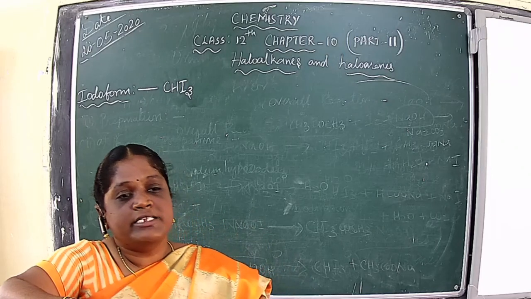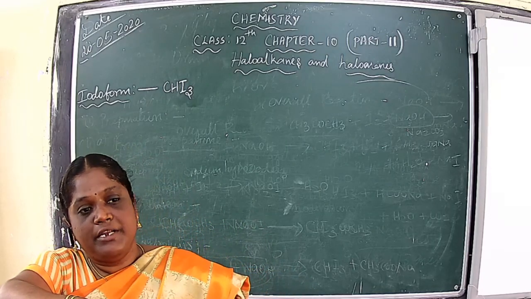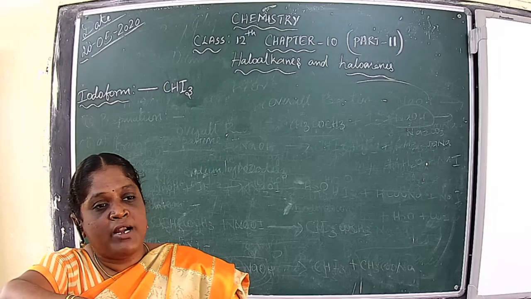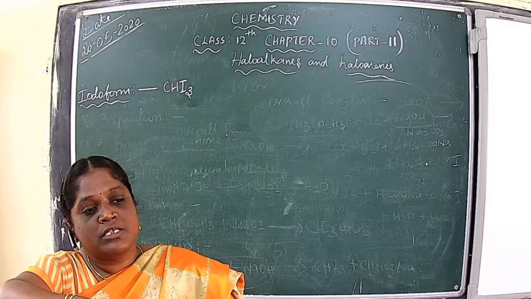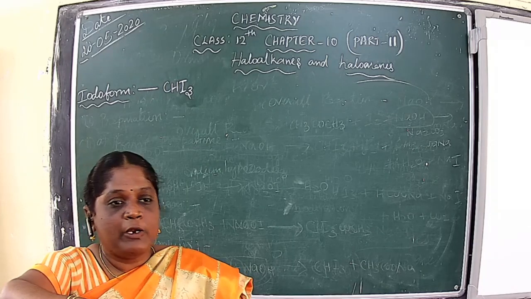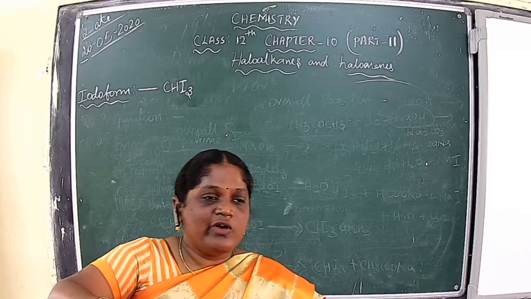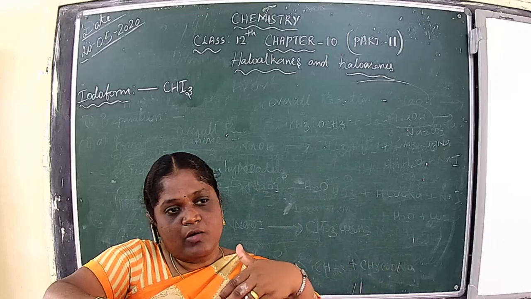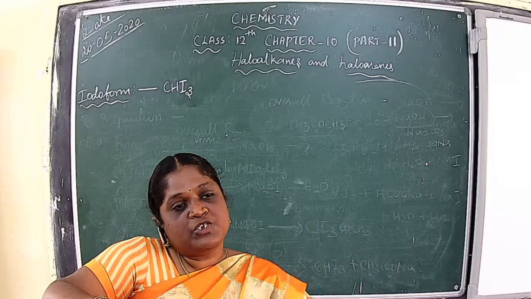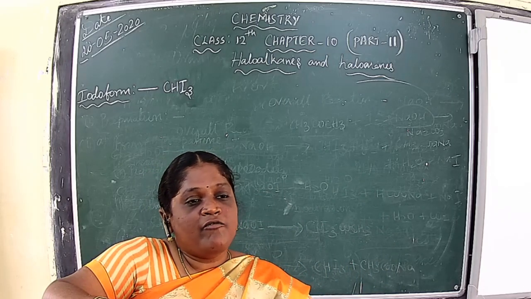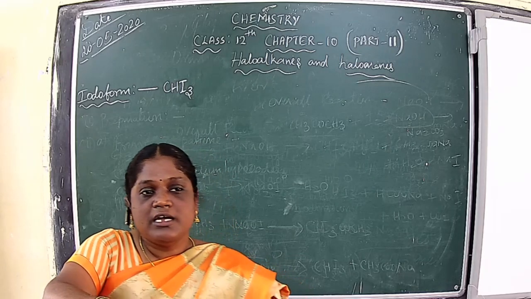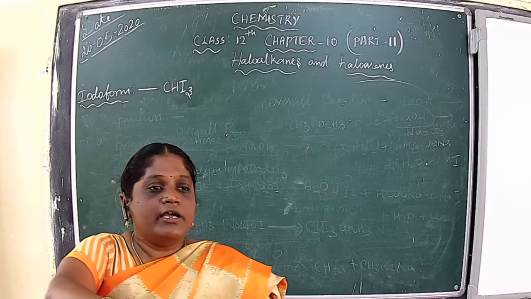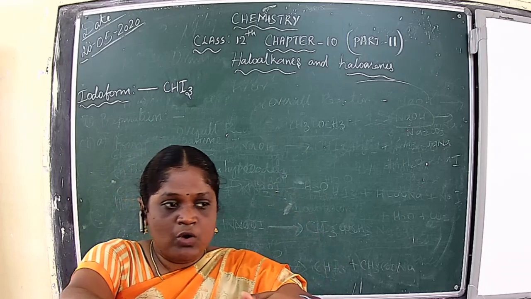That poisonous gas is phosgene, COCl2, carbonyl chloride. If phosgene forms by air oxidation of chloroform, it is unfit for use as an anesthetic.